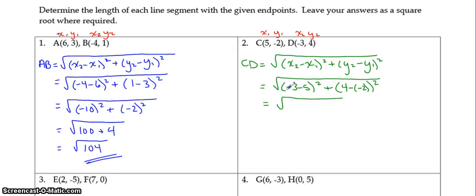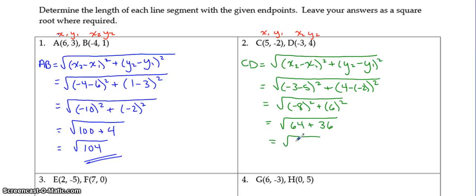Work out the brackets. Negative 3 minus 5 is negative 8 squared. 4 minus negative 2 is 6 squared. Negative 8 squared is 64. 6 squared is 36.